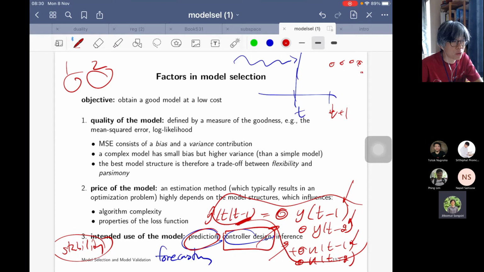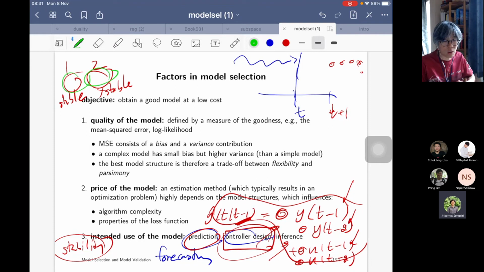Model 1 is obtained in such a way that the estimation process can guarantee stability, while the second model is not guaranteed. That doesn't mean it's unstable. It's just that the estimation framework doesn't make sure that the estimated one will always be stable. In that case, you may have a preference for model 1 over model 2.